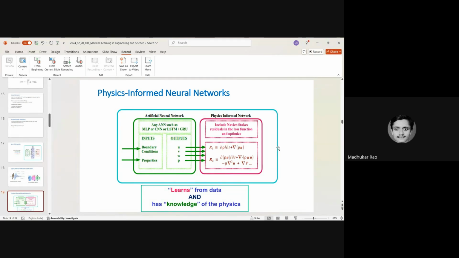And the concept came about in 2018. After that, if you search Google for physics informed neural networks, tens of thousands of papers have come through. So basically, it's a way to make your deep learning model learn both from data and from the knowledge of the physics embedded in it.